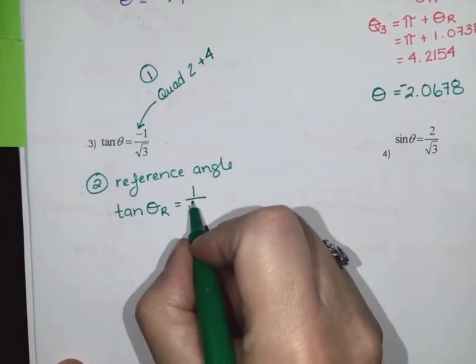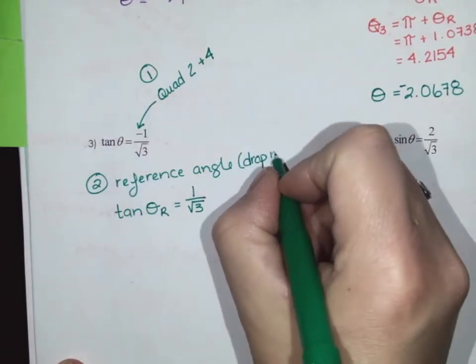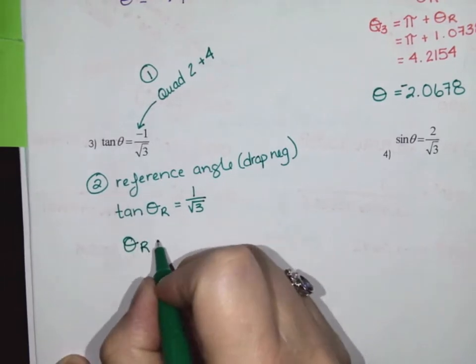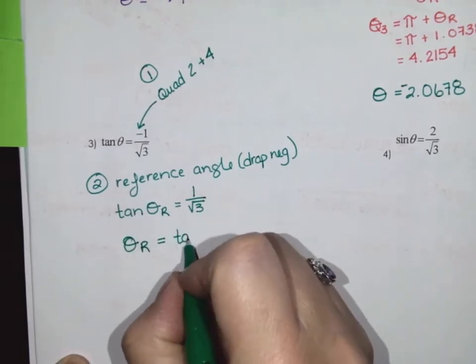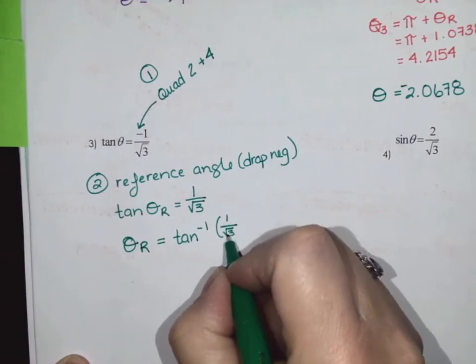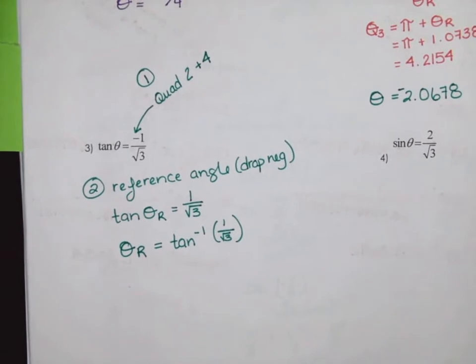Drop the negative. So this is where you use your second function button in your calculator. And what units am I in my calculator? I'm still in radians because all of our restrictions are that radian one.